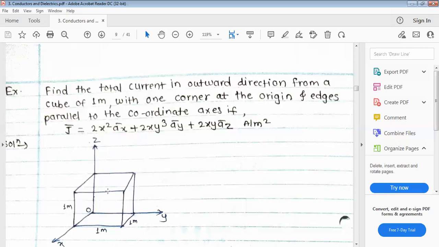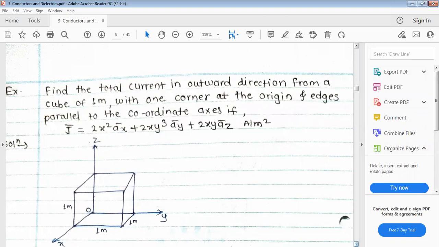So you can consider any surface. J bar is 2x square a bar x plus 2xy cube a bar y plus 2xy a bar z ampere per meter square.